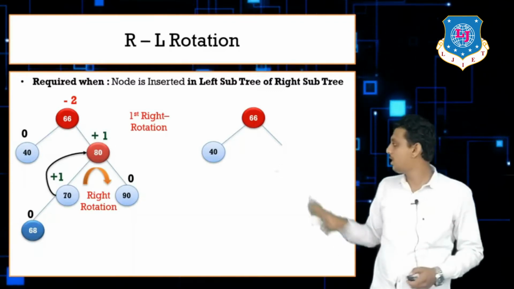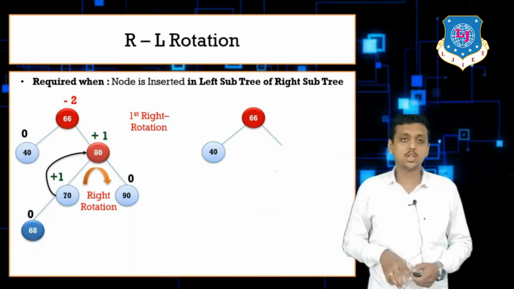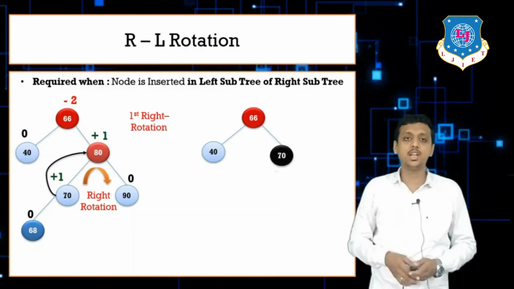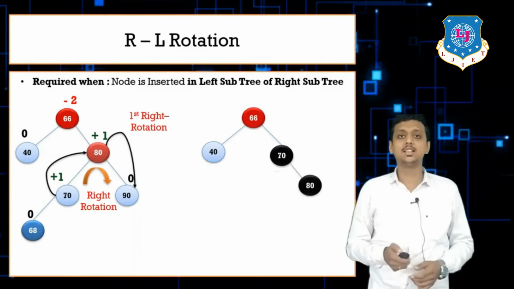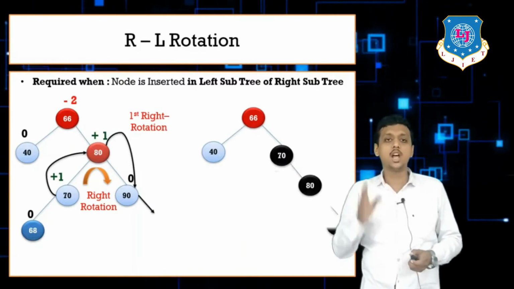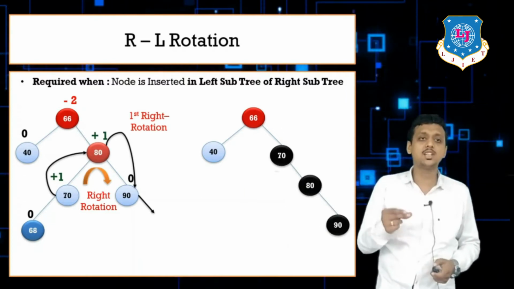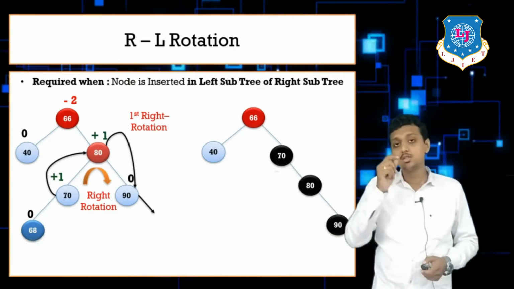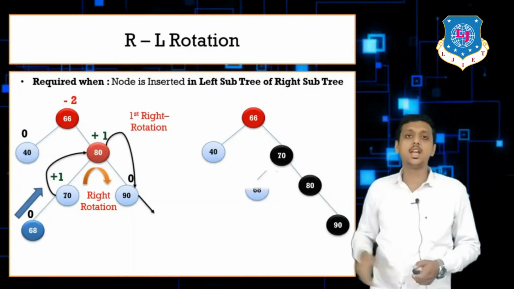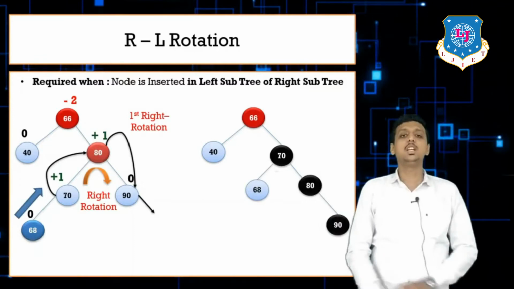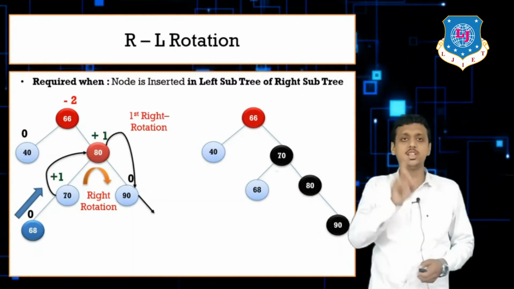You just need to think about the 80 portion only, the right subtree. 70 will take the place of 80, then 80 will take the place of 90, and then 90 will go down of 80. Now what about 68? 68 is brought one level up, and on the left side of 70 we take 68. So up to now you have completed your first rotation, that is right rotation.